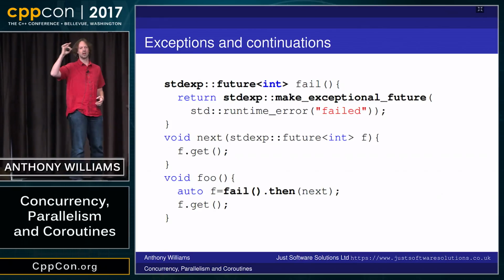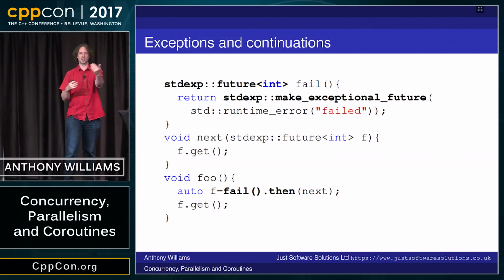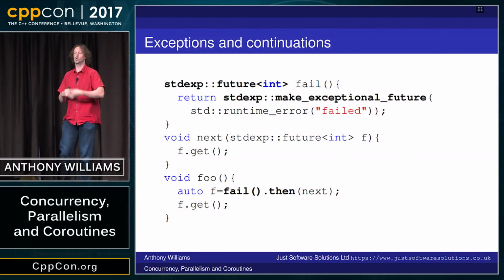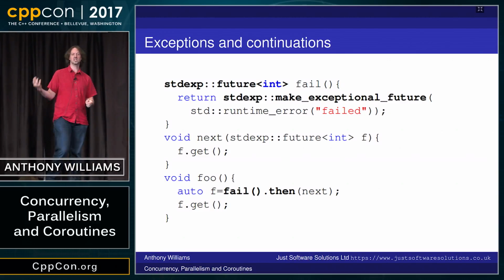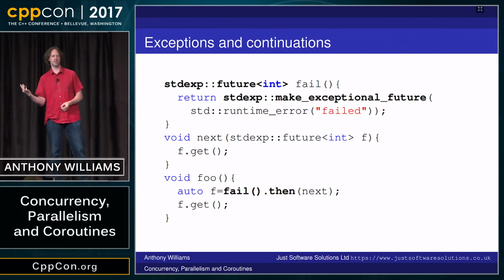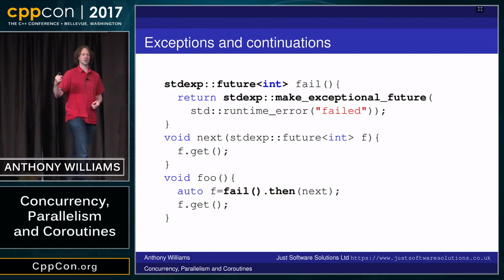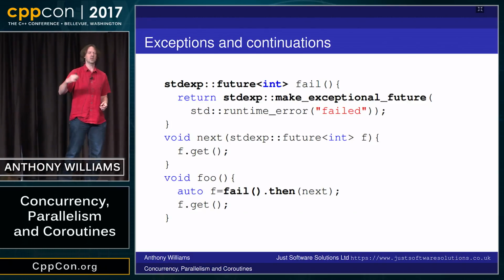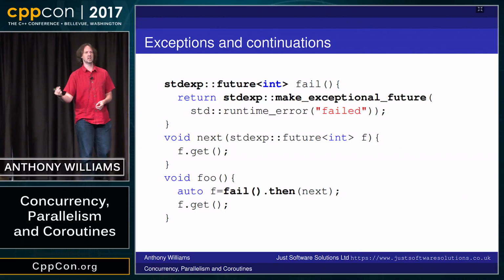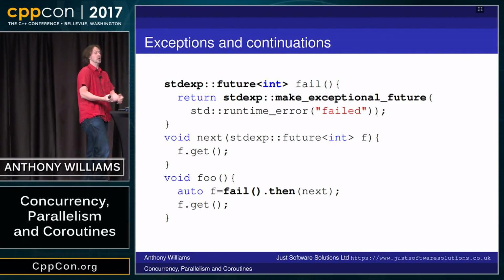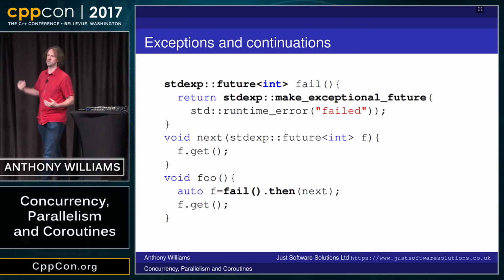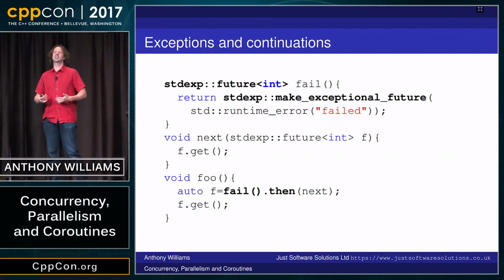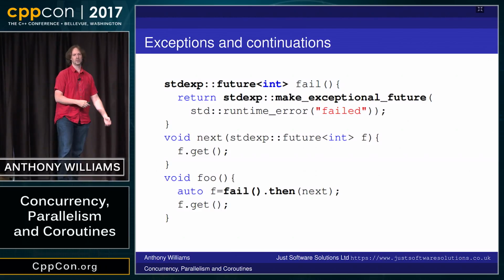So the call to get inside next will throw, which means that the future that is returned from our continuation, that f in foo, will hold an exception. So when on the next line in foo we call f.get, that will itself throw. So it is the same, our runtime error that we created at the top is then propagated across the chain and then comes out with the final get.